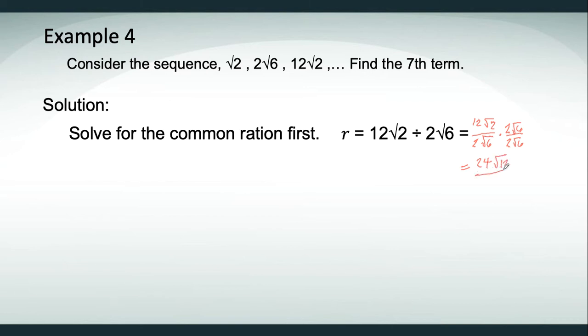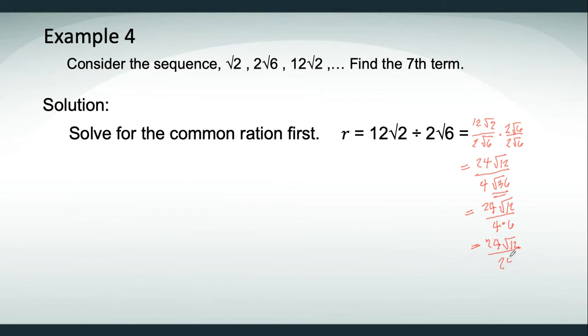And 2 square root of 6 times 2 square root of 6 is equal to 4 times the square root of 36. Since 36 is a perfect square, we will change it into 24 times the square root of 12 over 4 times 6. Then we multiply 4 times 6, that will be 24 times the square root of 12 over 24.